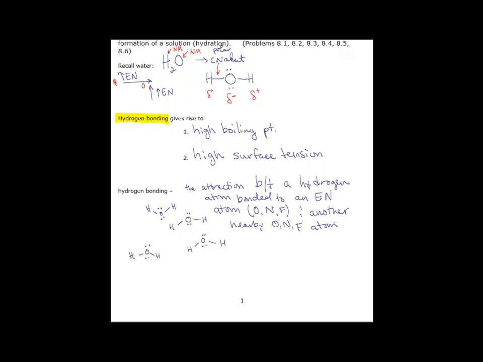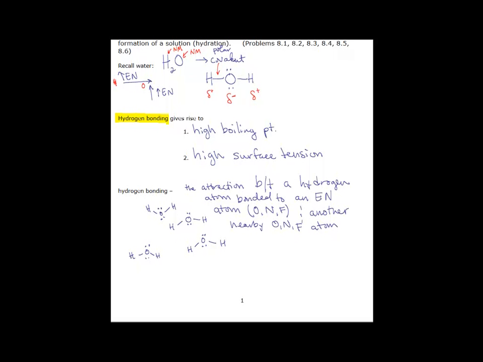All right, so let me read this definition again. The attraction between a hydrogen atom bonded to an electronegative atom, oxygen, nitrogen, or fluorine, and another nearby oxygen, nitrogen, or fluorine atom. That's clear as mud, right? Not a very explicit definition. So let's go through these waters that I've just drawn, and hopefully we'll clear some of this up.